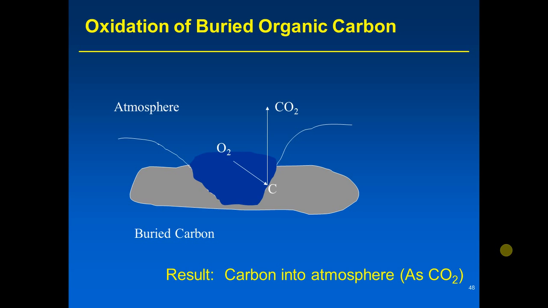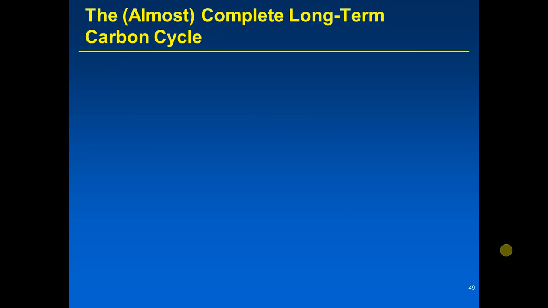Alrighty. So there's a couple of components of the long-term carbon cycle. There are four major components, but the first two are inorganic components.